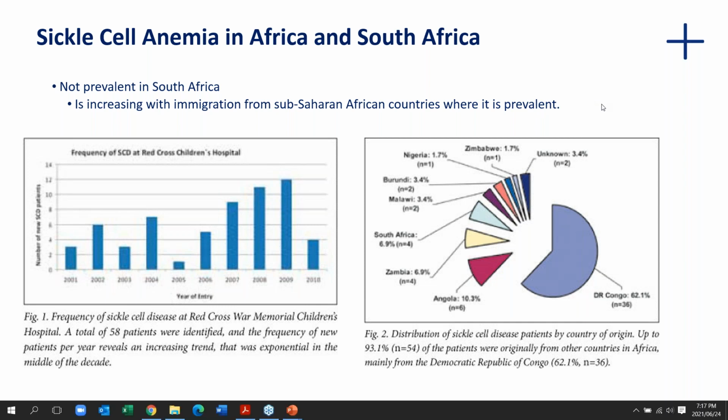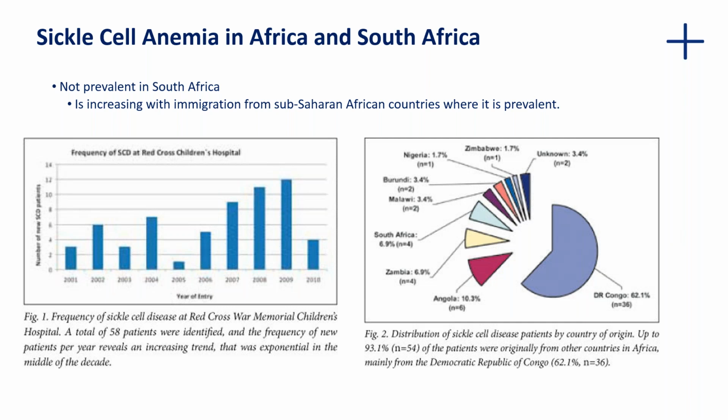And as these people immigrated down to South Africa, the amount of cases at the Red Cross Children's Hospital increased significantly, peaking in 2009.